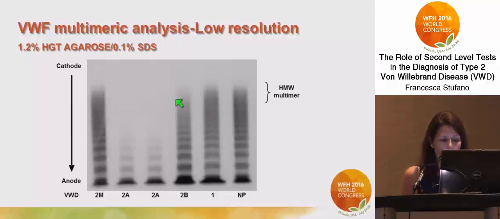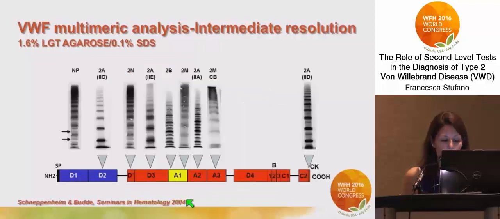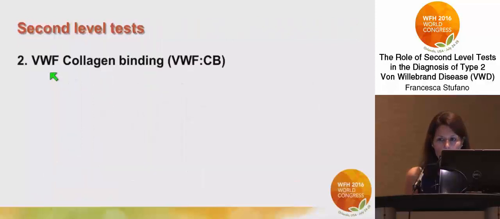We can also detect loss of high molecular weight multimers, as occurs in 2B patients. With intermediate resolution gels made with a different agarose, LGT agarose, we can better characterize other variants of von Willebrand disease type 2 patients.